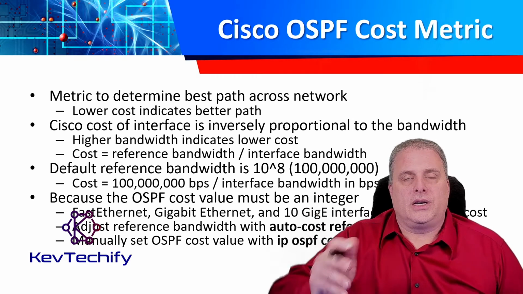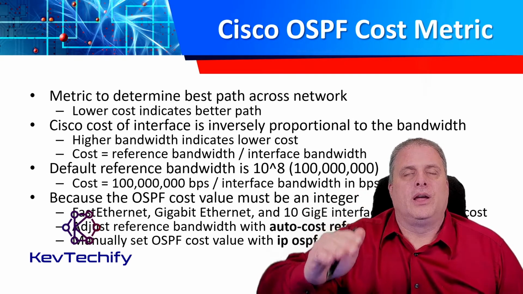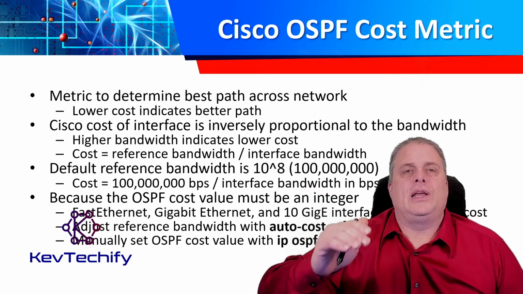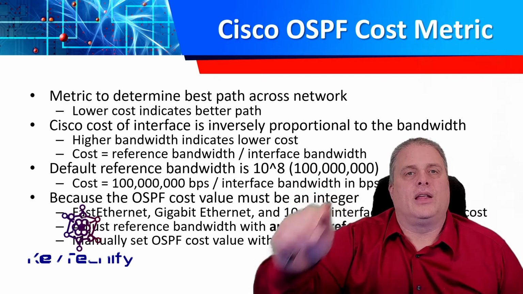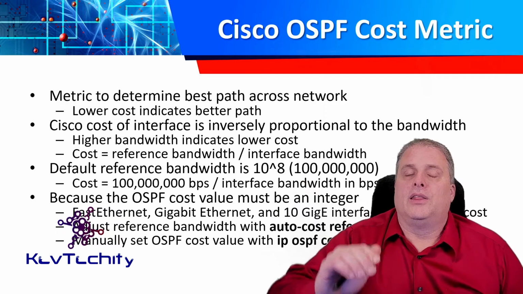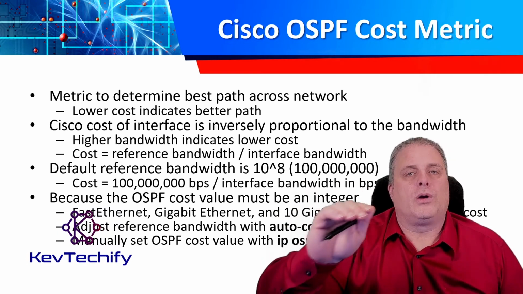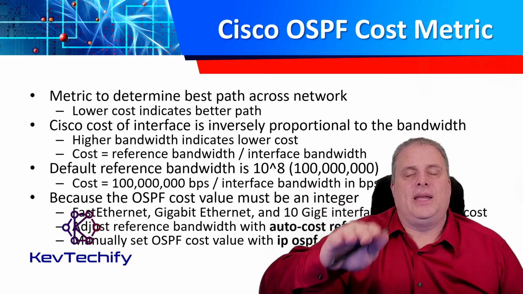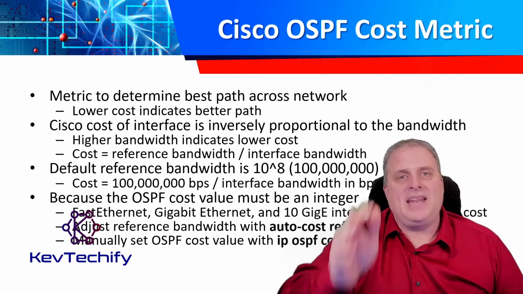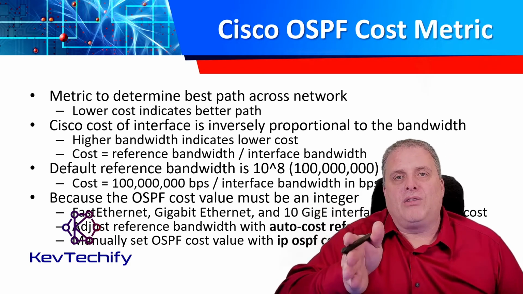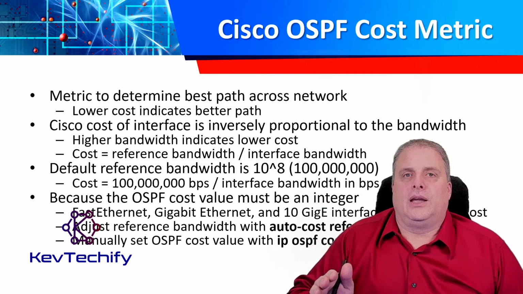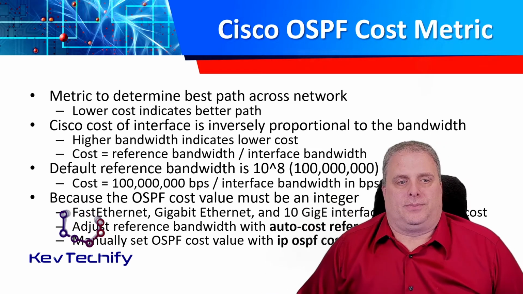What that means here is the higher the bandwidth, the lower the cost. We want to give a high bandwidth a low cost, saying it's going to get the most traffic through there. We want that to be the best route. We want the 10 gig connection to be our main route versus the 1 gig connection.